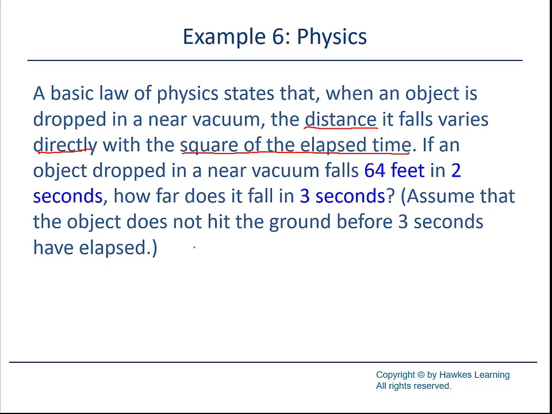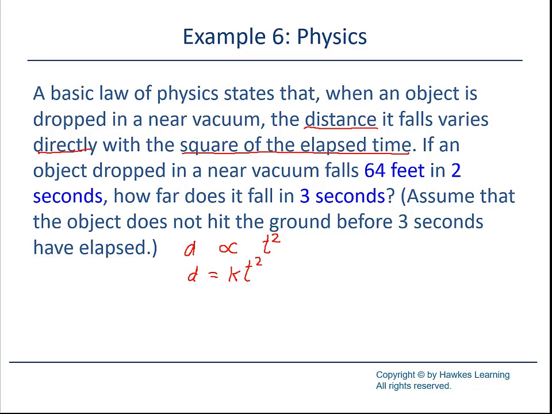One way of writing this is distance is directly proportional to the square of the time, and the way you put those together is, since it's proportional, that means there's some constant that allows you to relate the distance and the elapsed time.